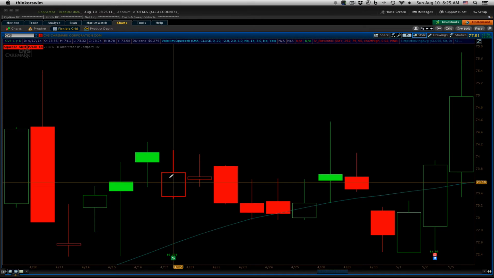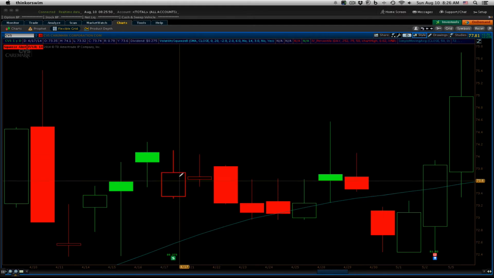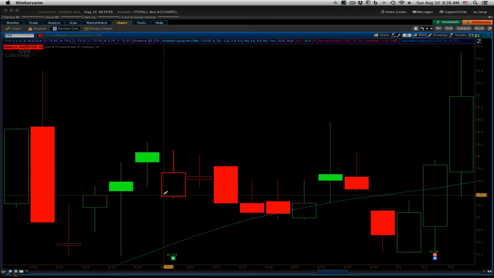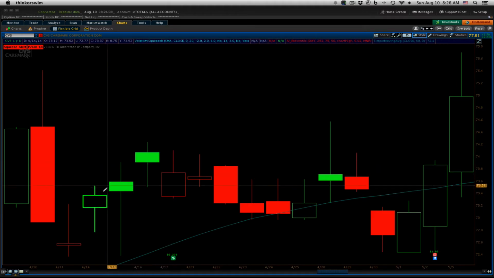In this case, the close from the previous day was right here at 73.90 on this chart, and then the close the next day was 73.75. So it was a lower close, therefore the red box, but it was higher than the open, therefore the open box.